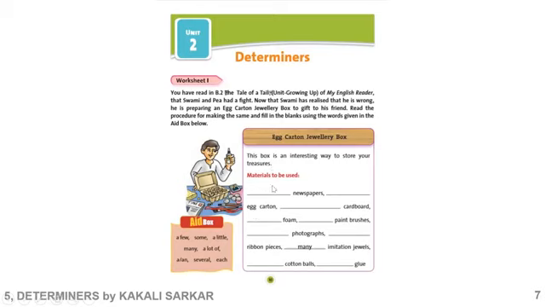Materials to be used: dash newspapers. We don't know the exact number of newspapers to be used, so we can write some newspapers. Dash egg carton, an egg carton. Only one egg carton is required. Dash cardboard, some cardboard.